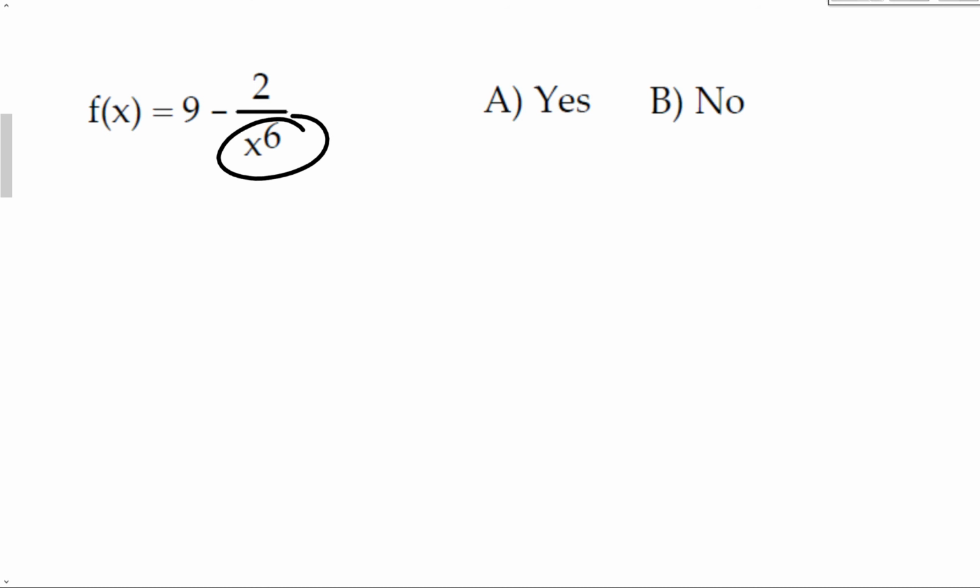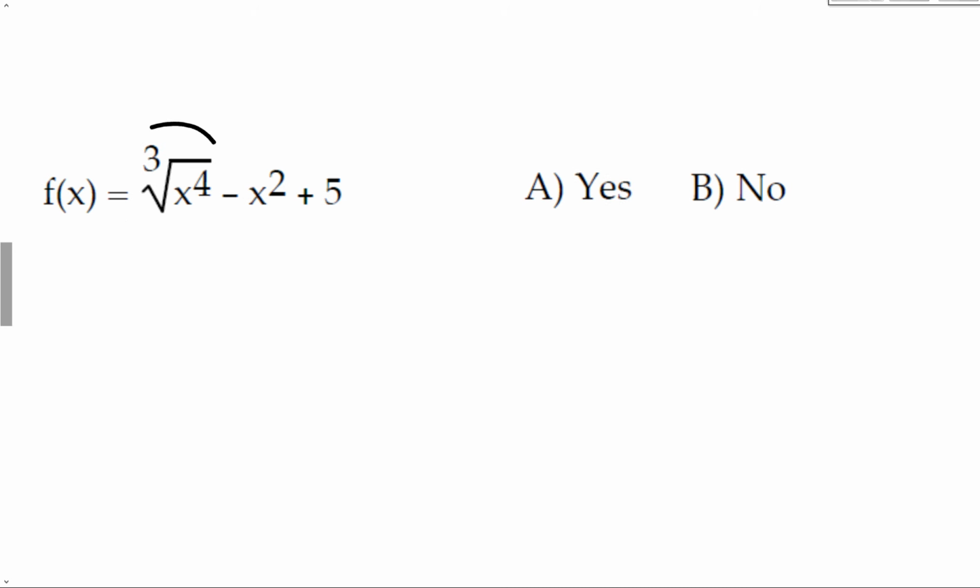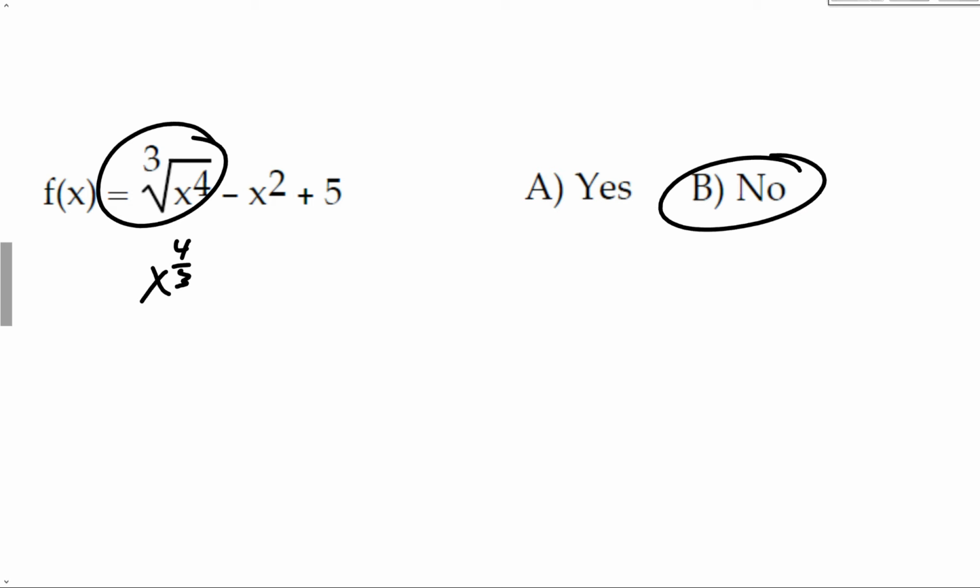Well, that is an exponent of -6 because it's in the denominator, so this is not a polynomial function. This is an exponent of x to the, remember, root in the bottom, exponent in the top, x to the 4/3. That is not an integer. It would be an integer if it was, say, the square root of x to the 4th power, because then it would reduce.